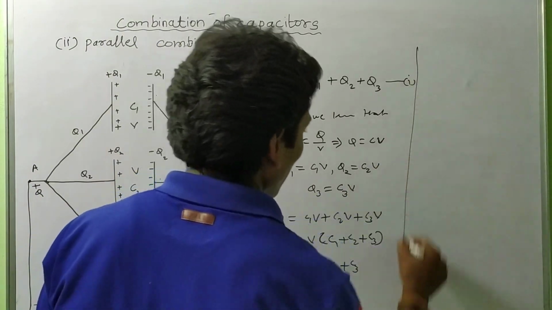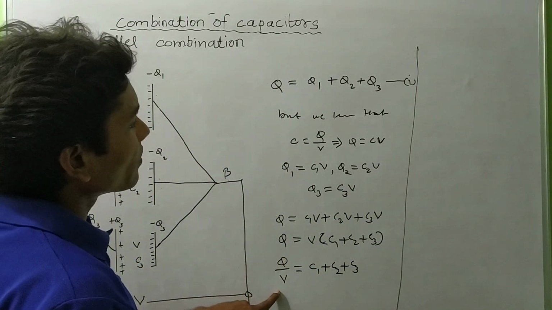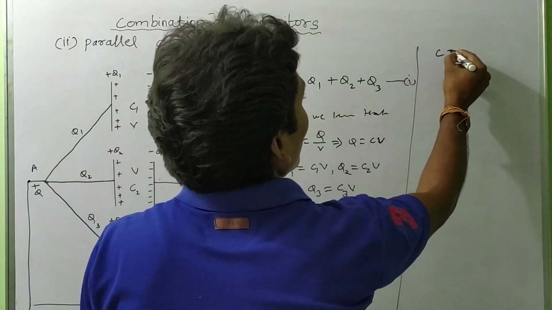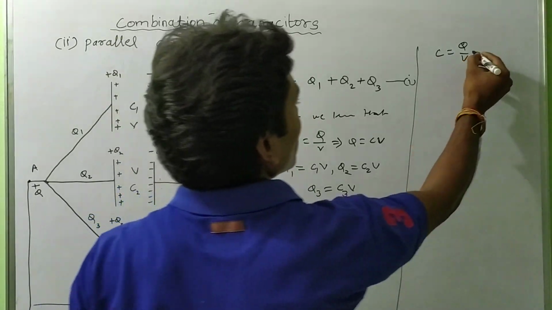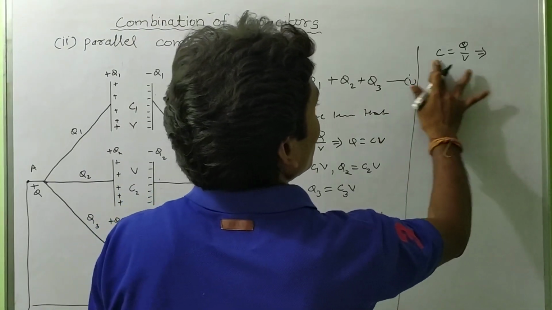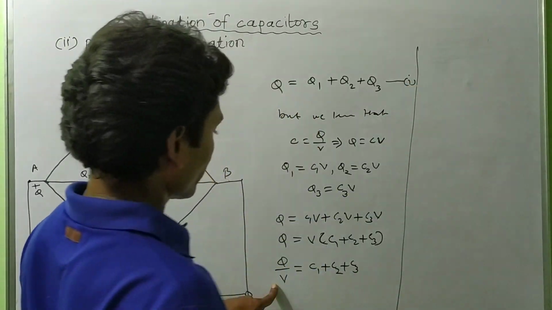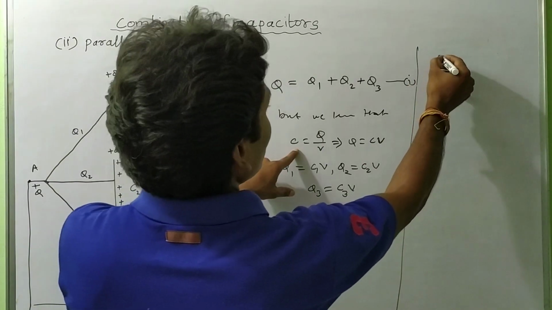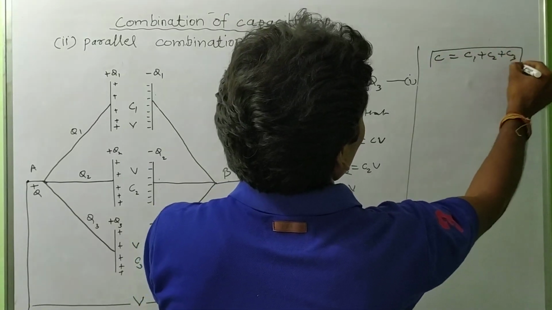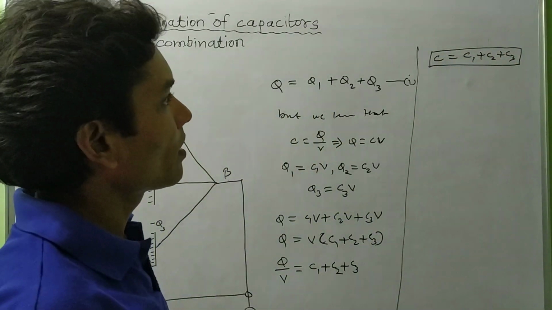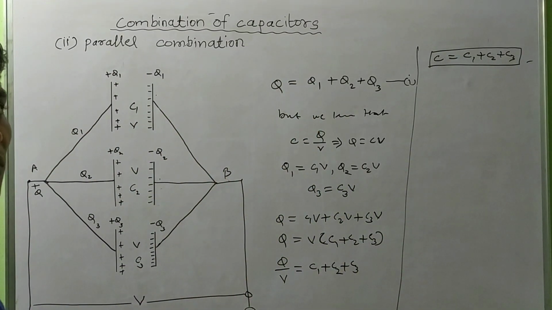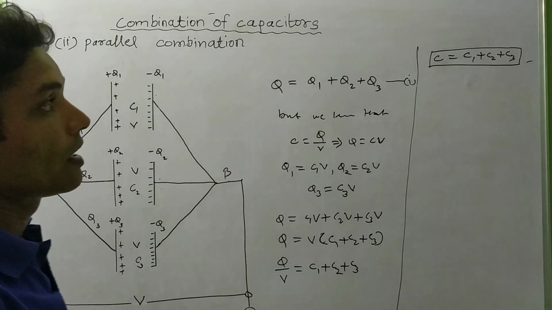Now, Q upon V is equal to C, so C will be equal to C1 plus C2 plus C3. This is the equivalent capacitance of the parallel combination of capacitors.